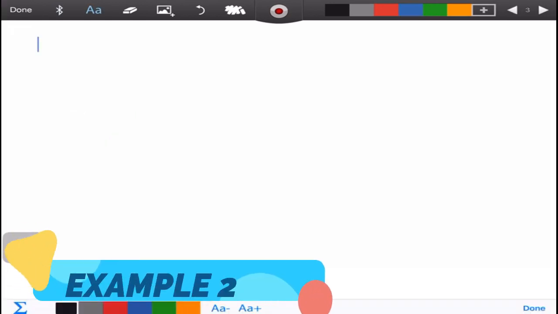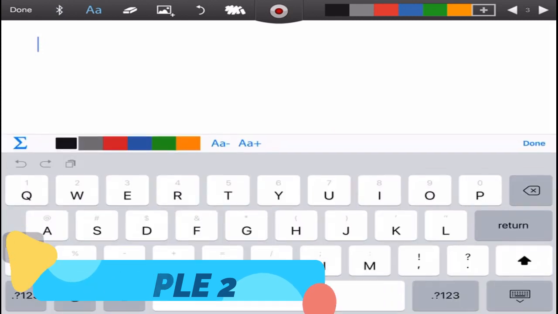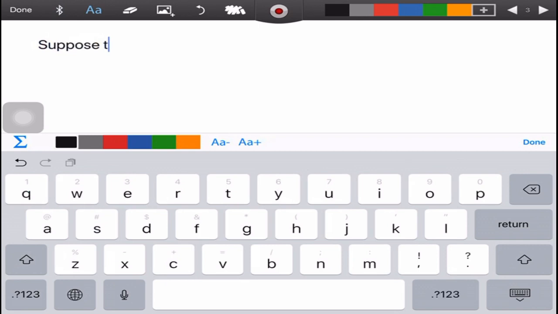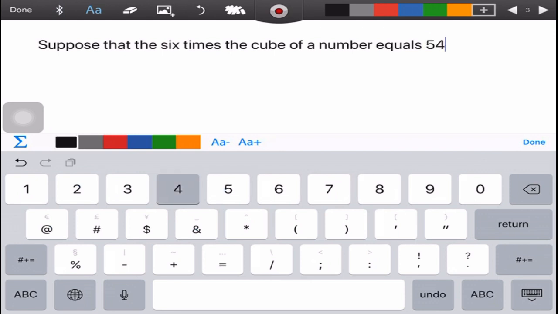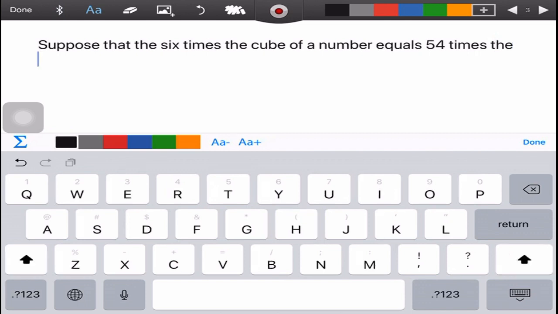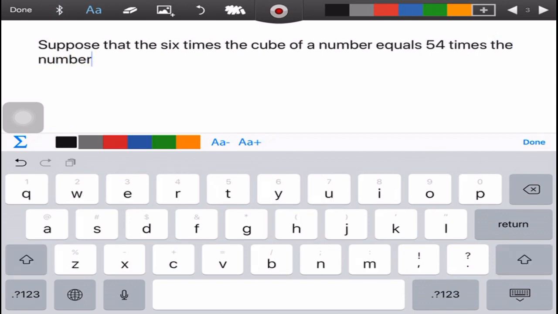Let's have our second problem. Suppose that 6 times the cube of a number equals 54 times the number.